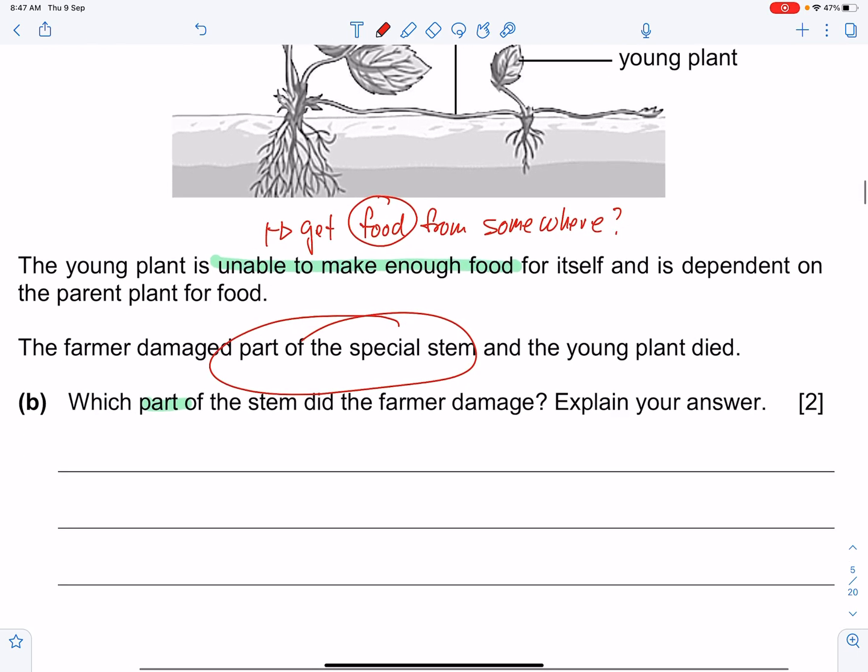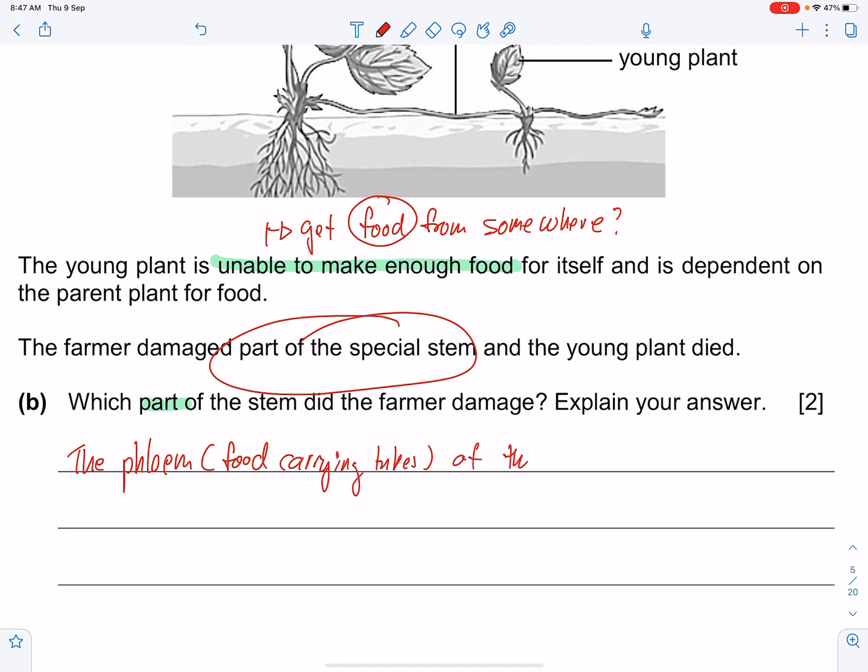So you have to say something like the first part, the phloem or food carrying tubes of the special stem has been damaged.